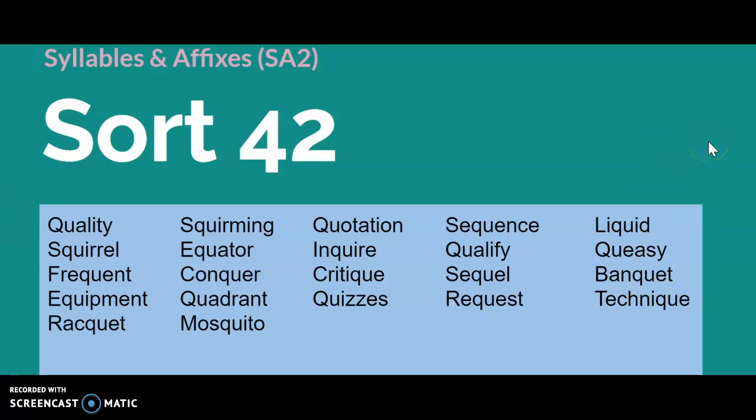Lots of fun words. And you may notice that each of these words has a Q somewhere in them, either at the beginning, in the middle, or somewhere near the end. So our sort today is going to have to do with those Qs and how they are used within the words.